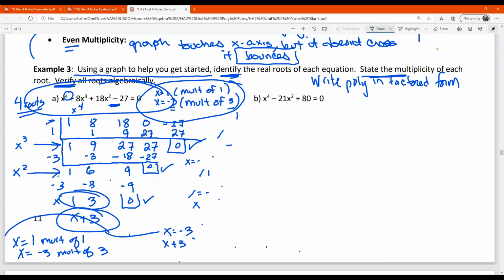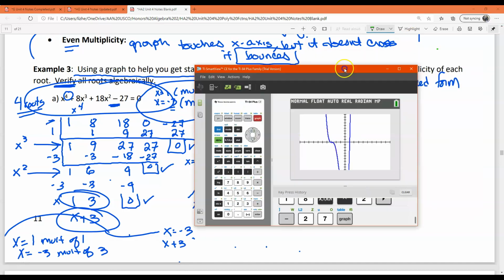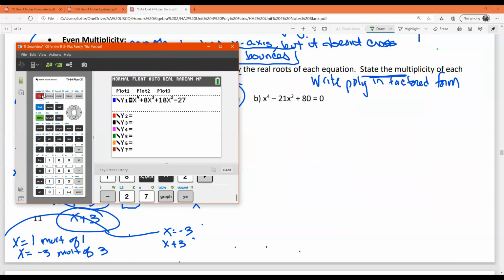So we have the equation x to the fourth minus 21x squared plus 80. So again, you can graph that. Let me pull up my little grapher. Move it over to the other side. All right. And we're going to go to y1. We want to clear that. All right.